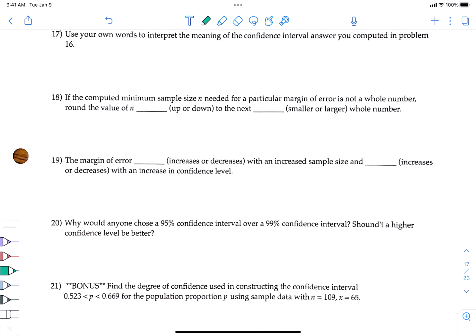So I'm less confident, but I'm more accurate. The range is smaller. I have a better idea of what's going on. So put that into your own words for number 20. Yes, we want to be more confident, but sometimes it's better to have a smaller target and be less confident. Think about that for number 20.